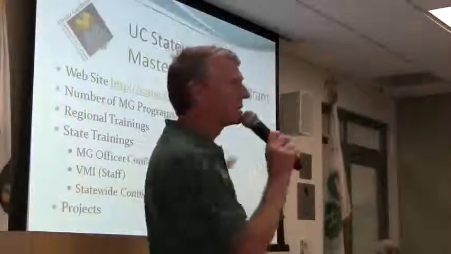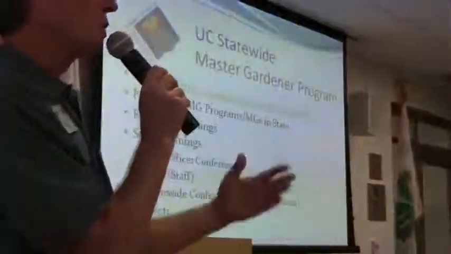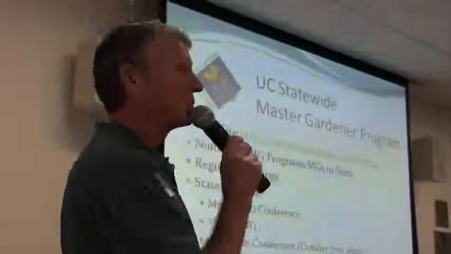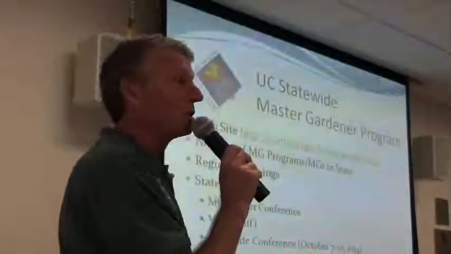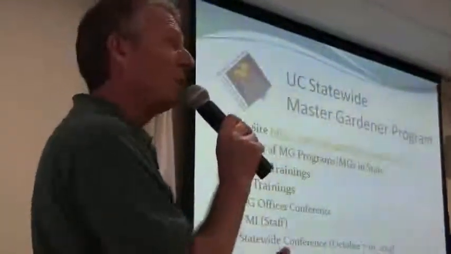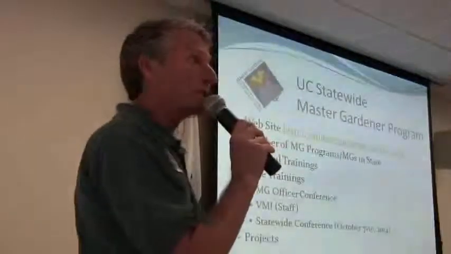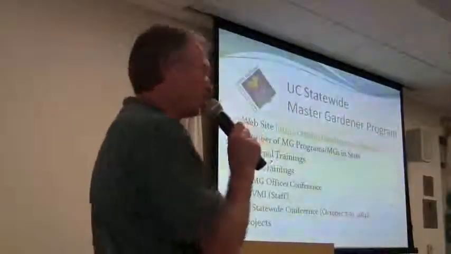So different projects will happen throughout the state. And we're really looking at being more involved with some of the things that happen on a state level. The state program is only 6 or 7, 8 years old. So we're really starting to look at ways in which we in San Diego, which have been established and around for 30-some years, can help support the state level and have it grow.